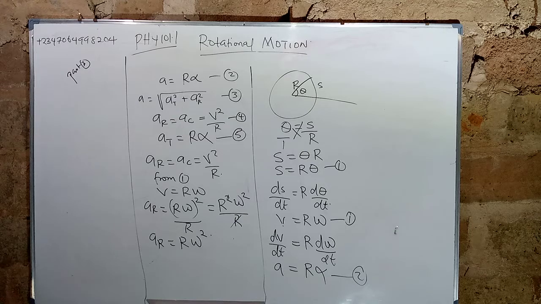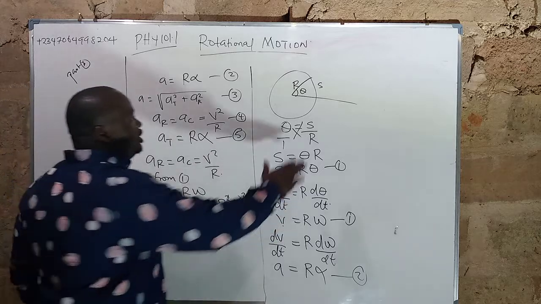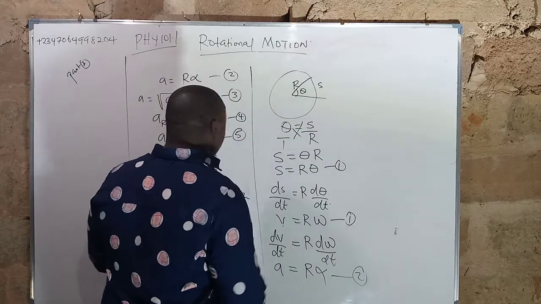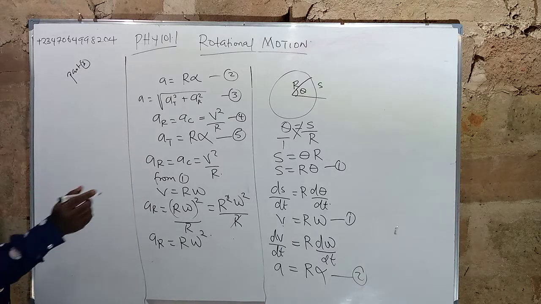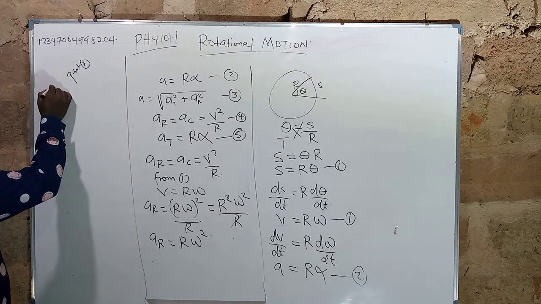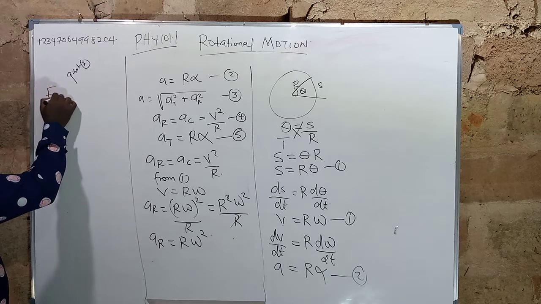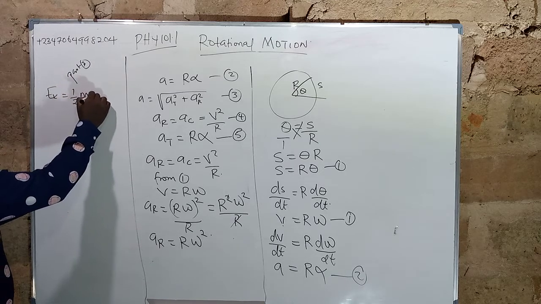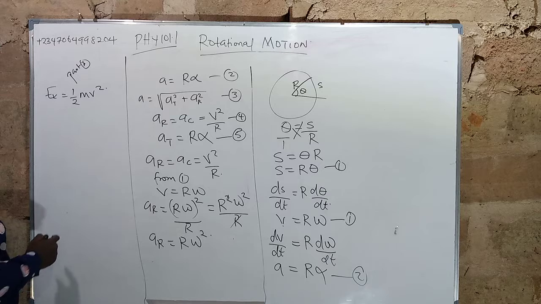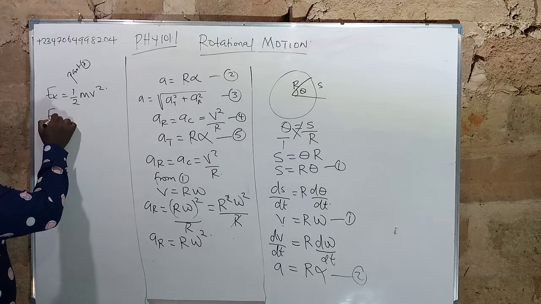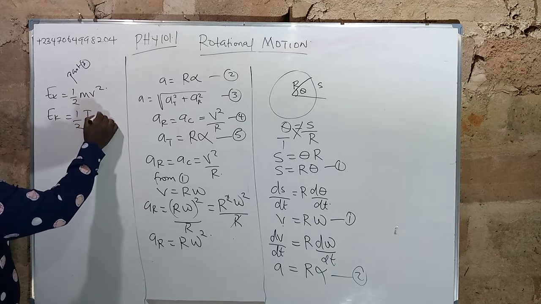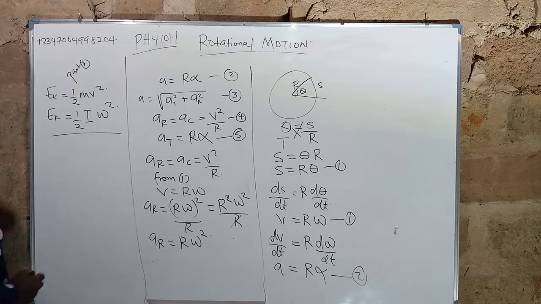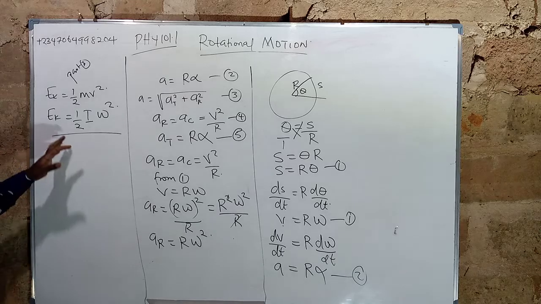Now, please note this. Do you remember from part 1 of the video, I told you a lot of things about how M is, I is, R is. Under linear, kinetic energy is equal to half m v squared. If I want to write it under rotational, the kinetic energy will be half I omega squared.